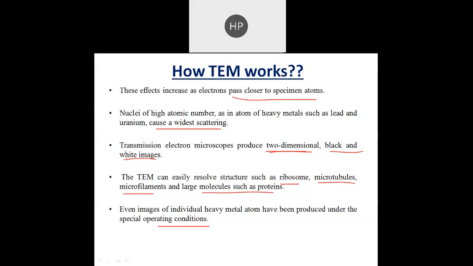So this TEM will be used in a variety of areas, in biological as well as metallic forms, and we can generate an image. So this is how the electron microscope works. Okay, so the advantages, limitations and applications of the transmission electron microscope, and how it differs from the optical microscope, we will discuss in our next lecture.